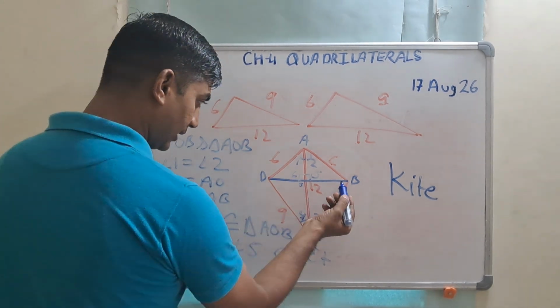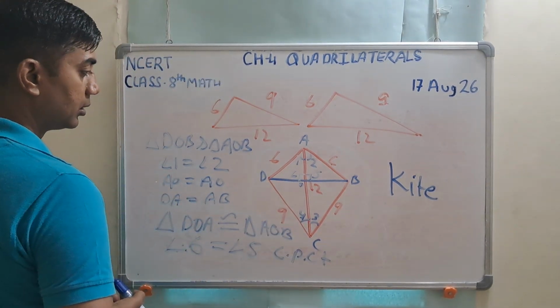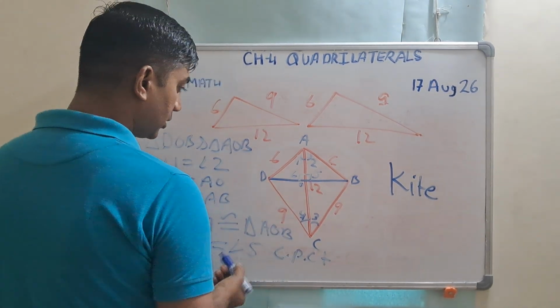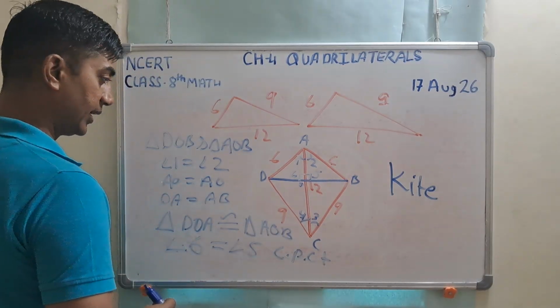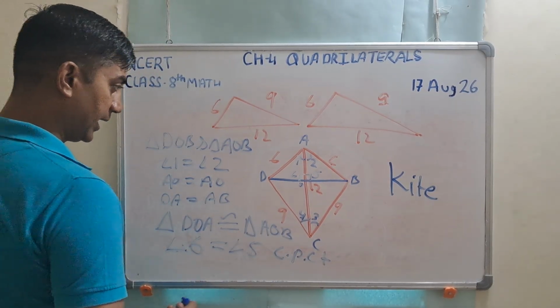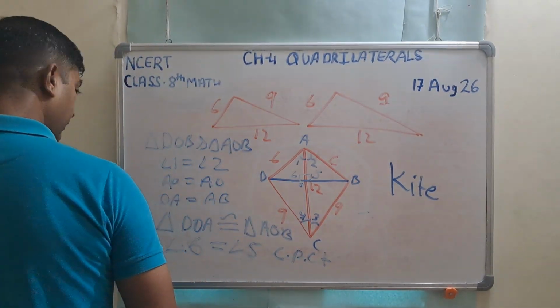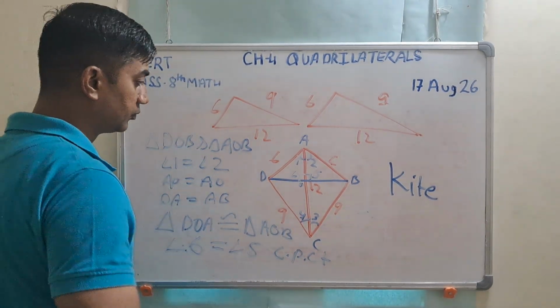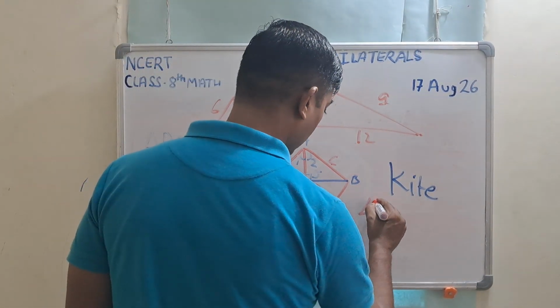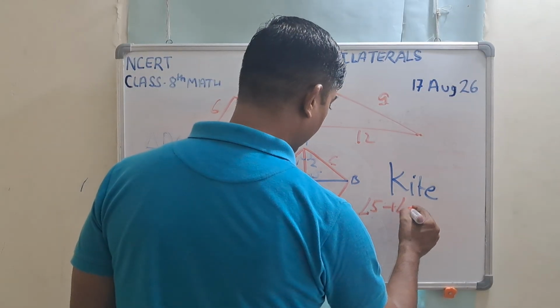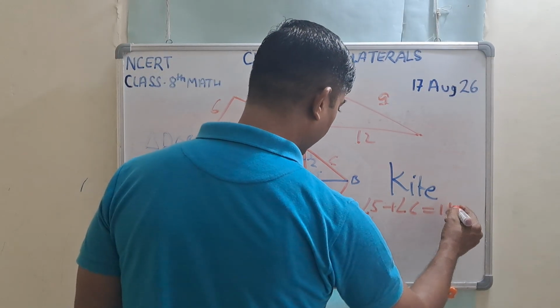And since they are in a straight line, the sum is 180 degrees, which means angle 5 plus angle 6 is equal to 180 degrees.